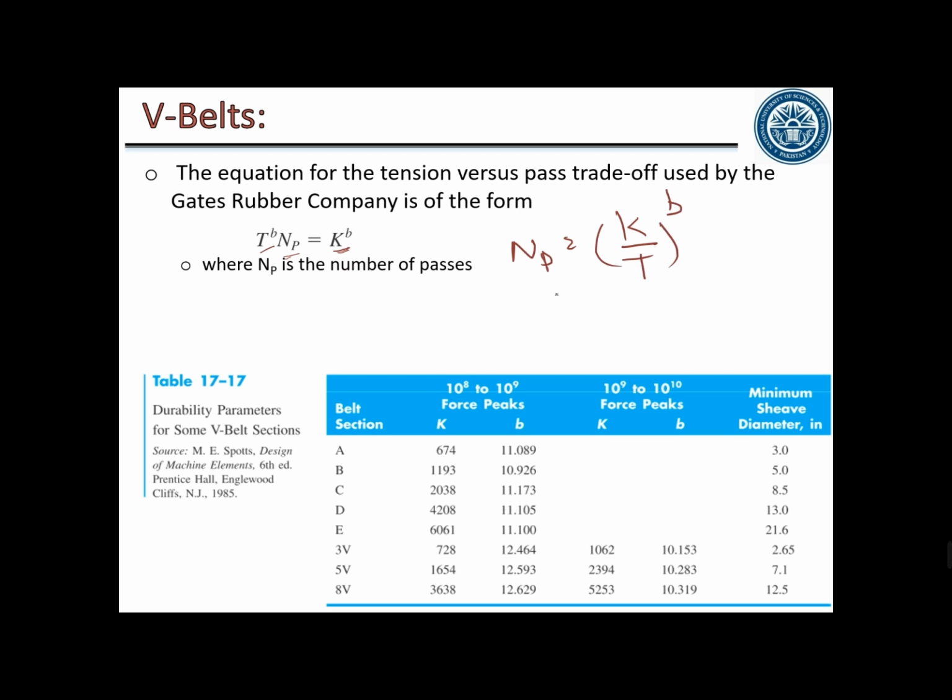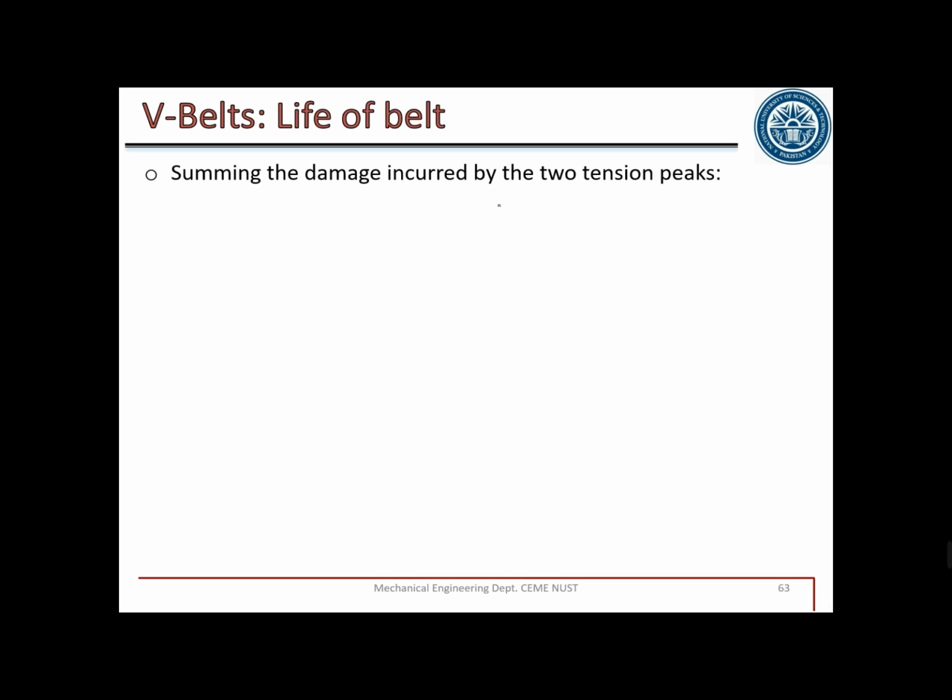But if there are two peaks within one cycle, the number of passes will be affected. So the final equation will be like this: 1 by number of passes is due to the effect of peak 1 plus the effect of peak 2. For example, if this effect is 1 and this effect is 1, the number of passes will be 1 plus 1, and the number of passes will be half.